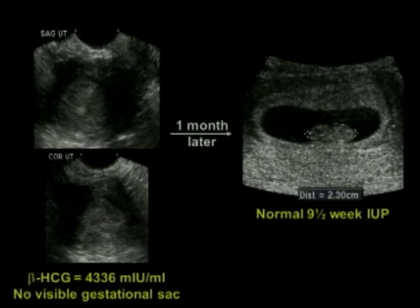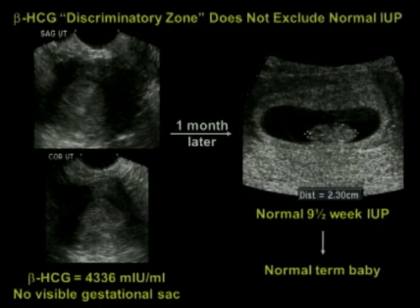Fortunately, we don't give methotrexate in those cases because look, a month later she had a normal 9.5-week intrauterine pregnancy and ended up giving birth to a normal term baby. So the beta-HCG discriminatory level or zone doesn't exclude a normal intrauterine pregnancy.